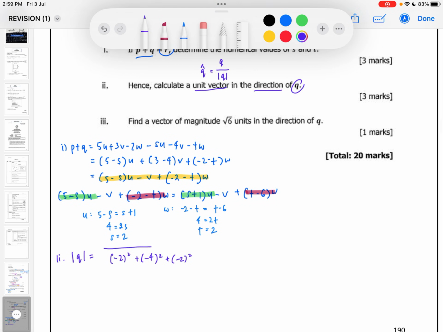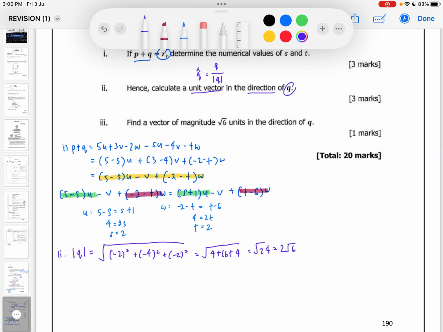Okay, and then we're just going to square root all that. Okay, wait, 4, 16, 4. Okay, square root 24. What is that? Hold on, square root 24. Okay, 2 root 6.